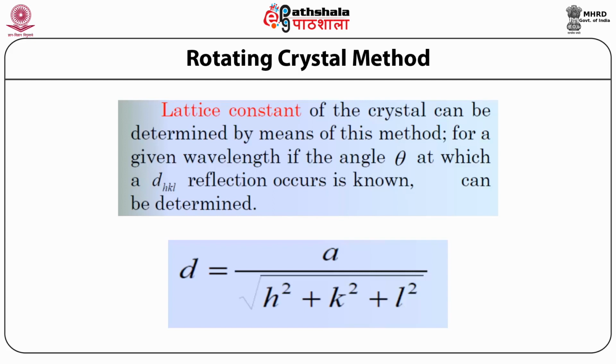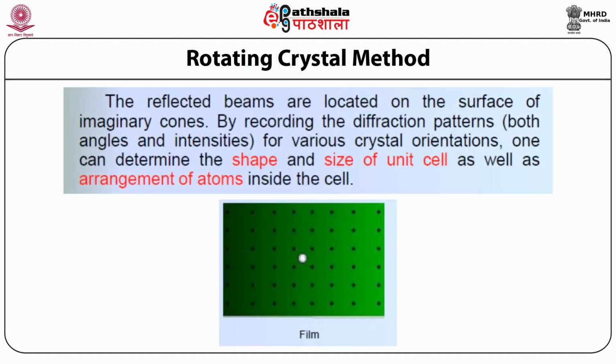First we have to identify which hkl plane this peak belongs to and put in the value of hkl, and since we have already calculated d, we can find the value of a, the lattice constant.